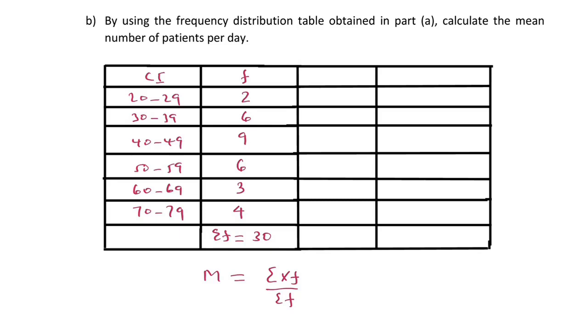Okay, so now let us add 2 columns for our distribution table. Then we are going to add the column for x and the column for fx.